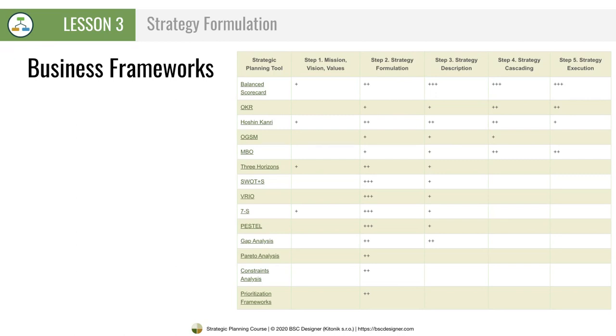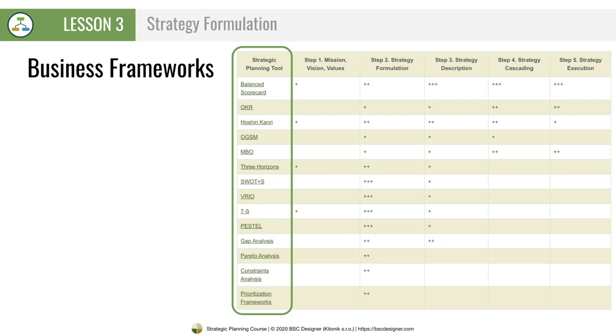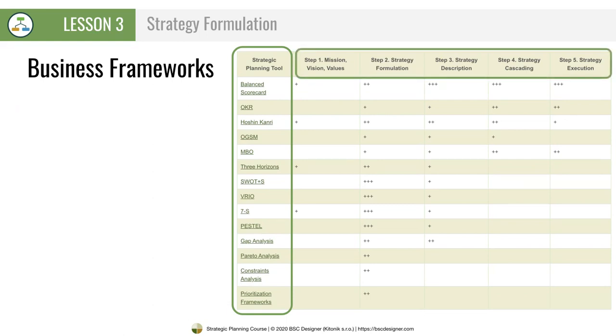What are these frameworks and what's their role in strategic planning? Let's have a look at this table. In the first column, we have listed different frameworks. In the first row, you will find the strategic planning steps that we discuss in this course.